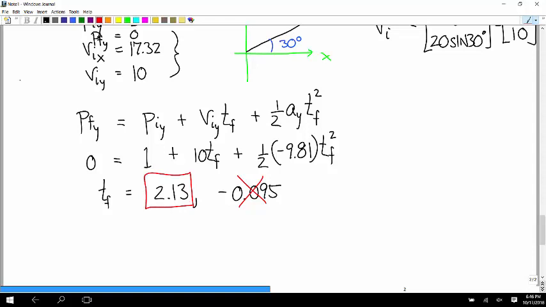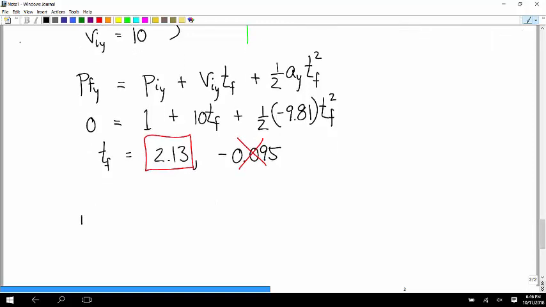And now we can go back and calculate PFX. PFX is equal to PIX plus VIX TF plus 1/2 AX TF squared.